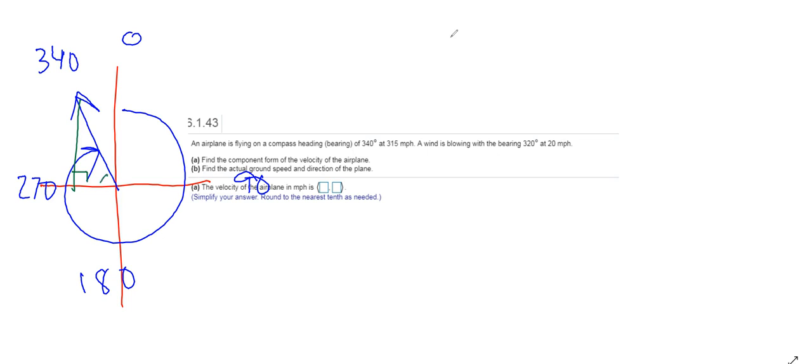Well, do you know the angle in the triangle called the reference angle? It's got something to do with 340 and 270. Subtract them, right? So it's a 70-degree angle right there.